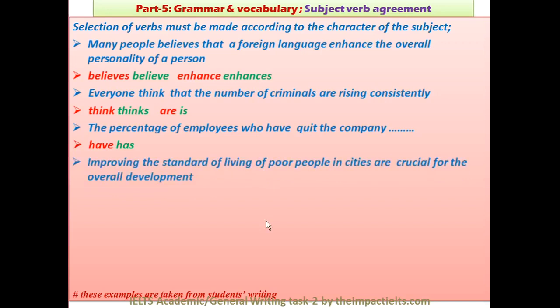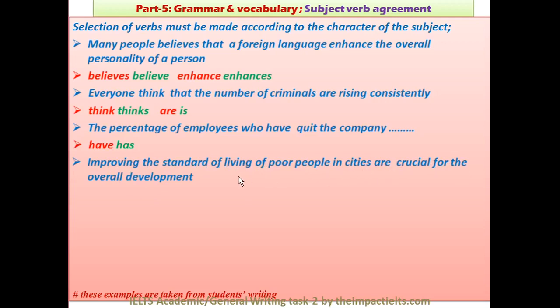Right? Okay, next question. And these all are very basic kind of questions. Improving the standard of living of poor people in cities, such a big subject here. So improving the standard of living of poor people in cities, these are the subject, are crucial. Now, what is the subject here? Improving the standard of living of poor people, and improving the standard of living. That's the basic subject. Are crucial for. So if you have got the answer, it's fine.